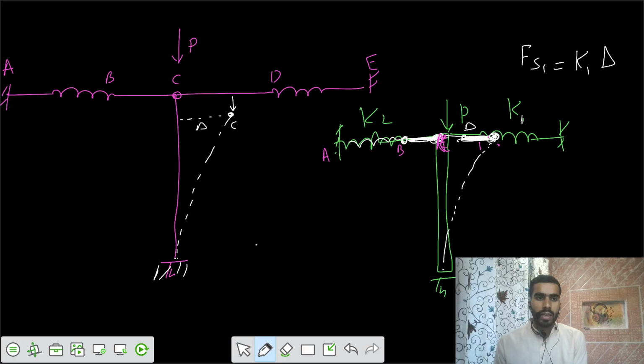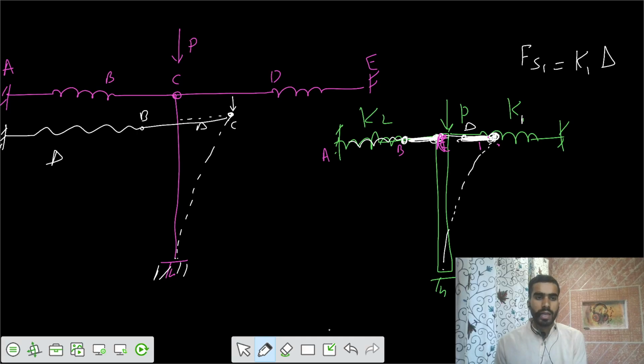From this side, point A can't go anywhere. Point A would remain here, but that means your spring is getting elongated, such that your point B is here and point C is here.